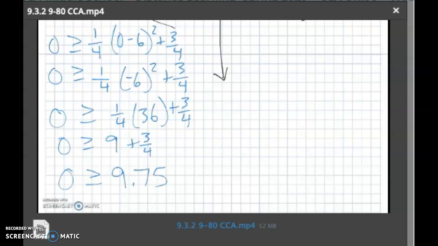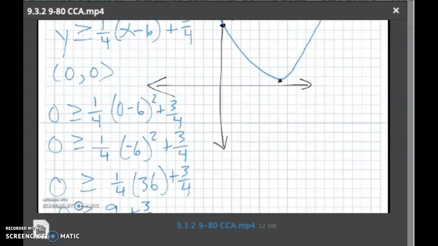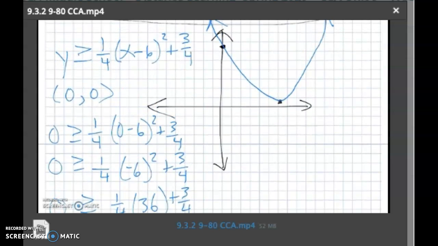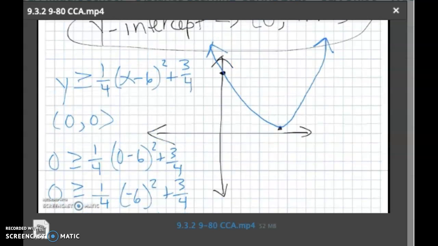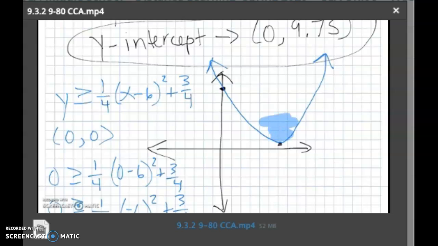That is not true. Okay, so since 0 is below my parabola and I got that that was not a true statement, then I cannot shade the side where 0 is. So that means my solutions are on the side of the parabola where 0 is not. So I would shade everything above my parabola. Okay, so on this one, the solutions are all the points on the parabola and everything above the parabola.